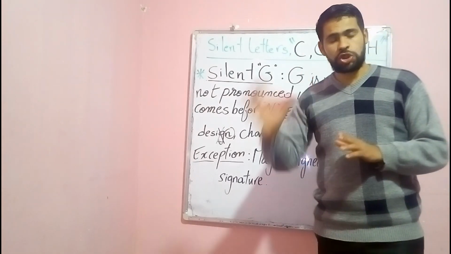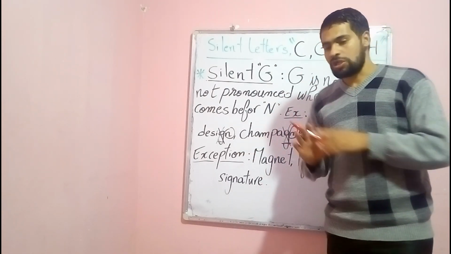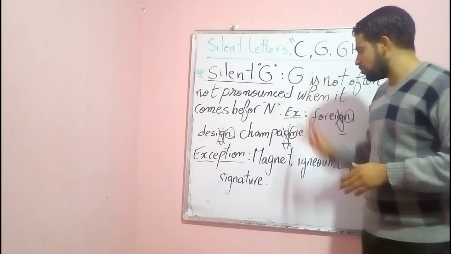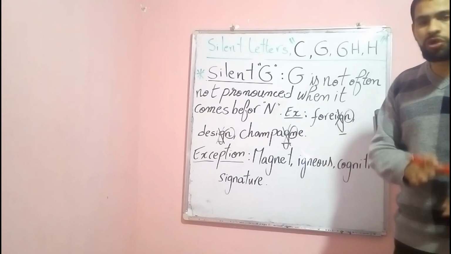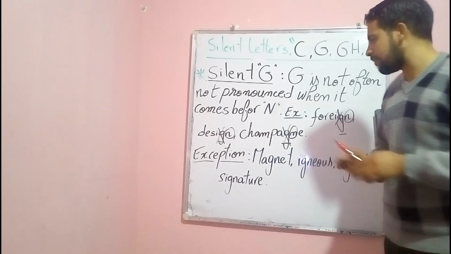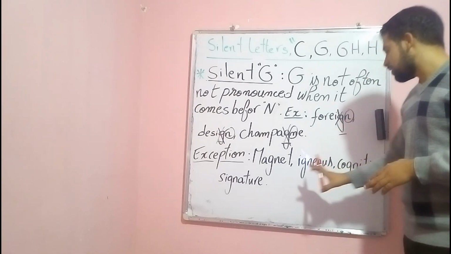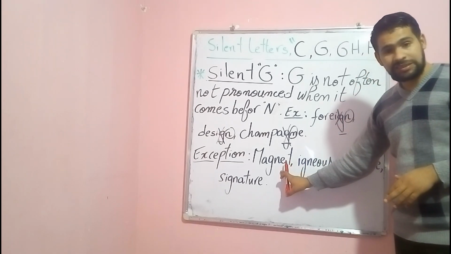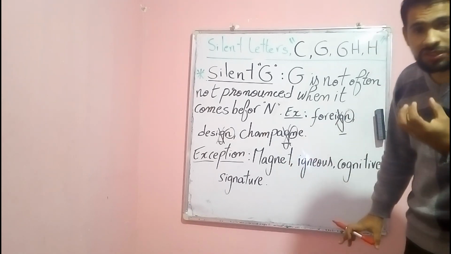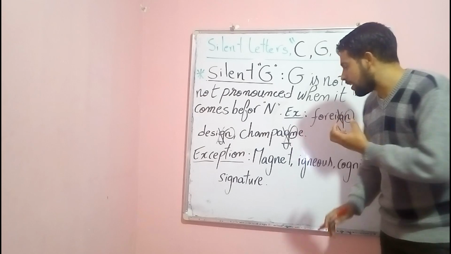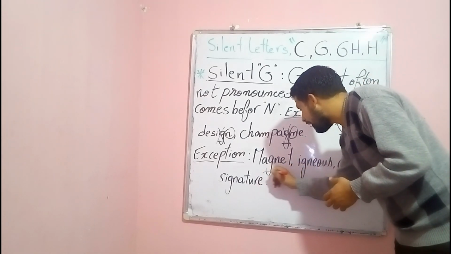But with each rule, we have some exceptions. The exceptions for that rule are not all of them, but some words. I didn't mention all the exceptions for that rule. So we have magnet. Repeat after me, magnet. Here I'm pronouncing the sound G as a G sound, magnet.